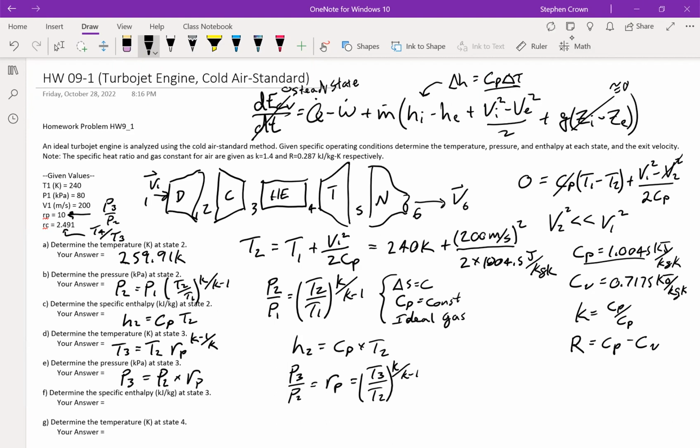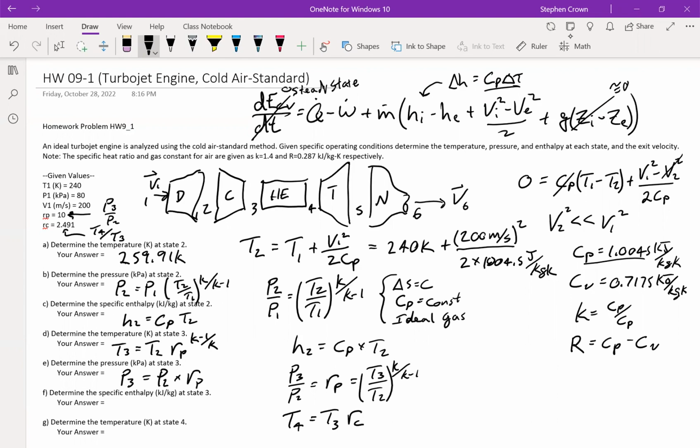When you get to the turbine, though, sometimes students get stuck with that. I guess just one more thing, as I mentioned, since T4 over T3 is Rc, then T4 equals T3 times Rc.